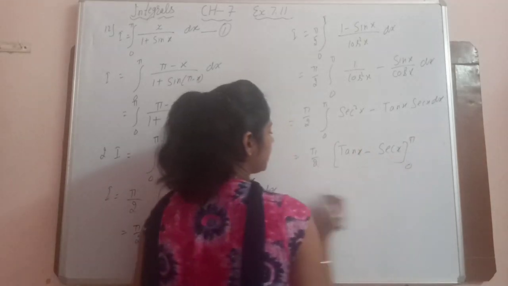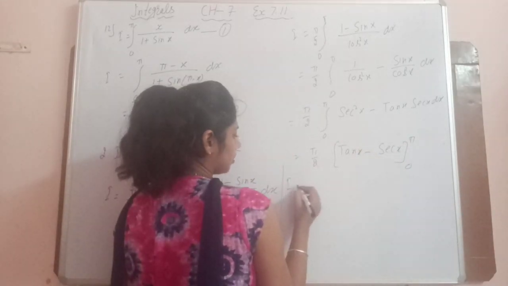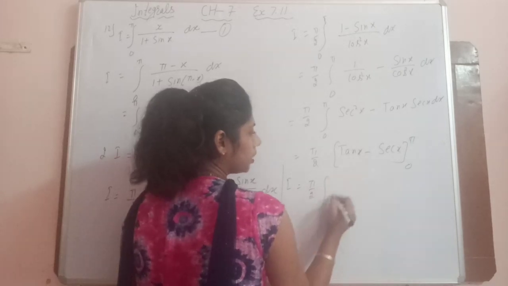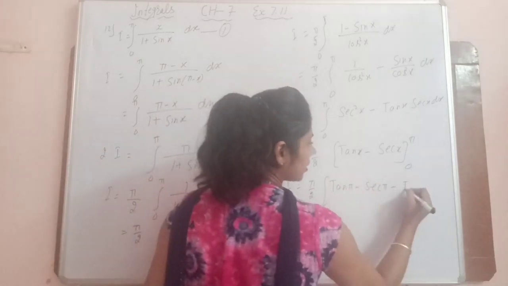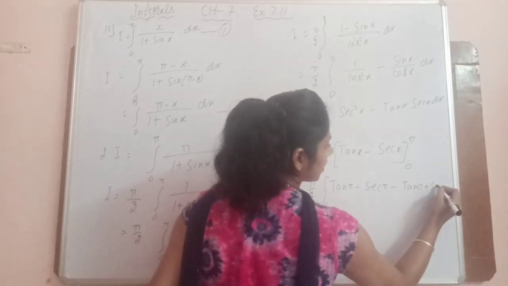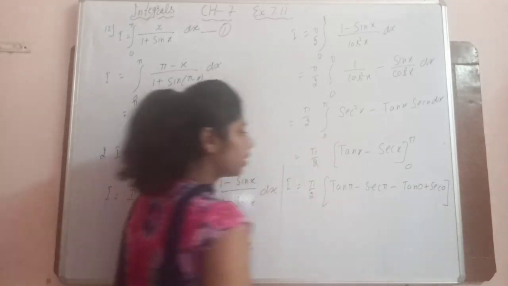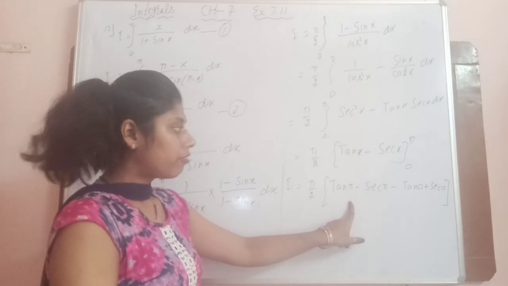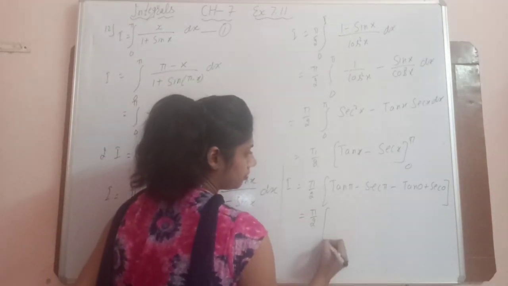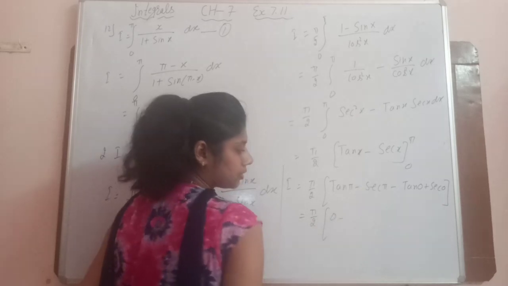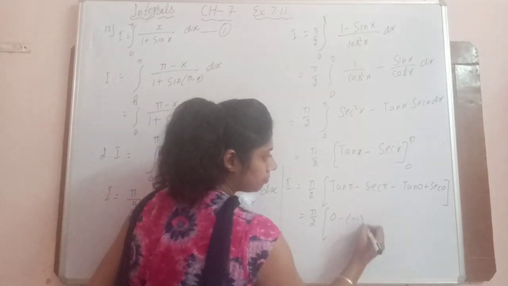Now put the limits. Pi by 2, tan pi minus secant pi minus tan 0 plus secant 0. Tan pi, what is the value of tan pi? It is 0. Secant pi is minus 1.